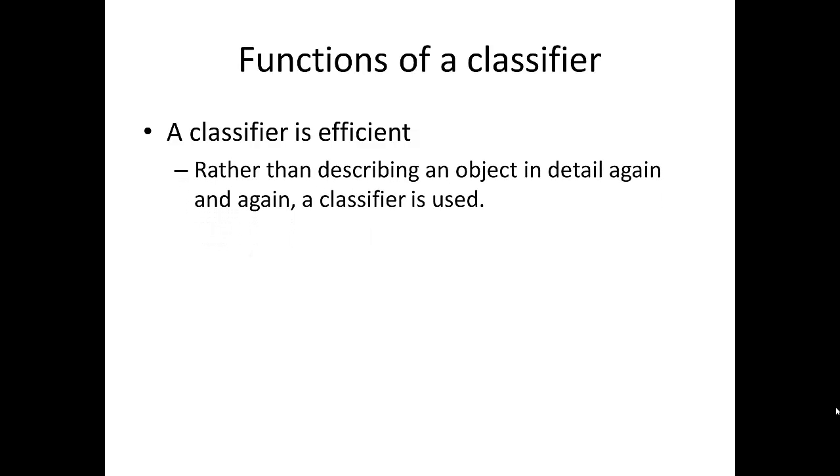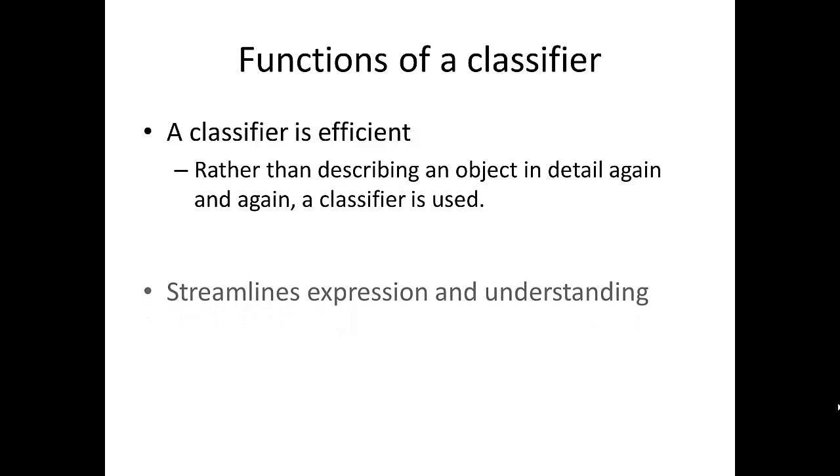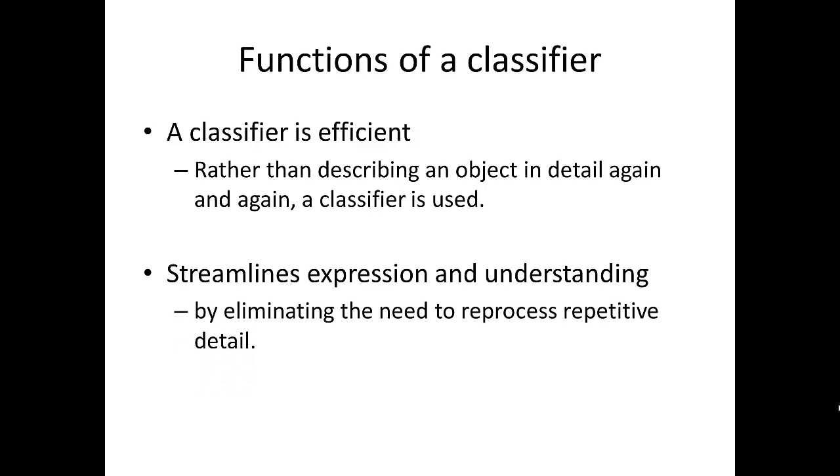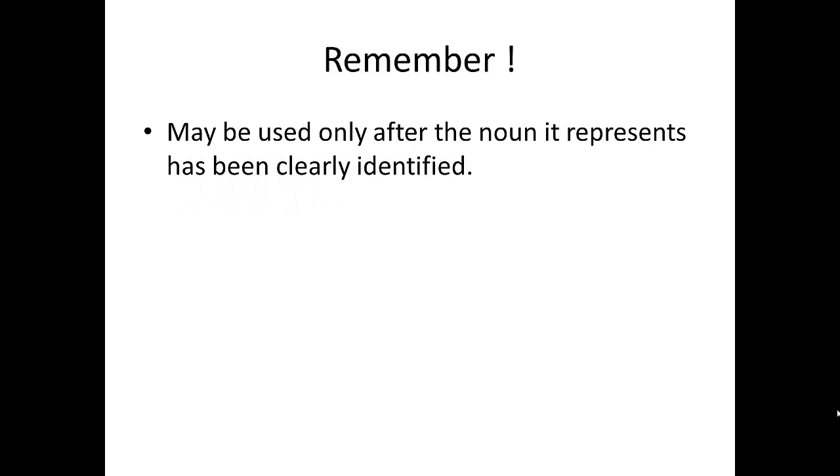Again, you don't have to describe an object in detail again and again. You just use the classifier. Classifiers streamline expression and understanding, and they do this by eliminating the need to repeat detail. Again, you can only use a classifier after the noun has been identified.